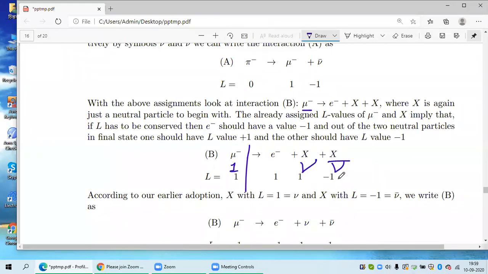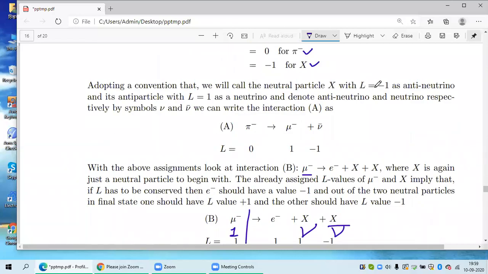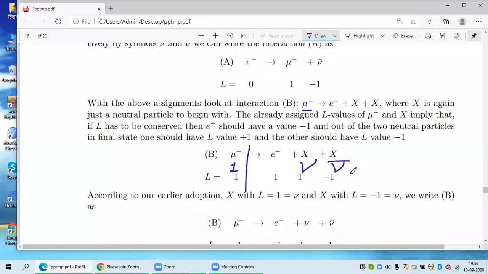If you choose that, then you have already chosen L equal to -1 for nu bar, and L equal to 1 for nu. Then E can get a value 1.